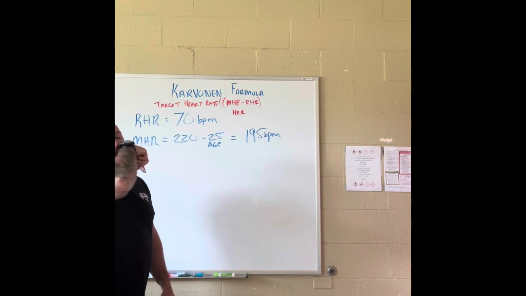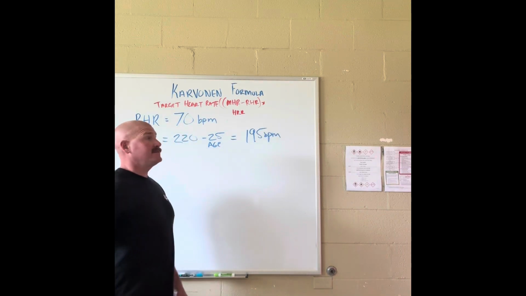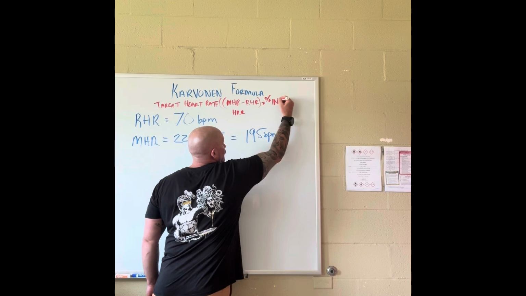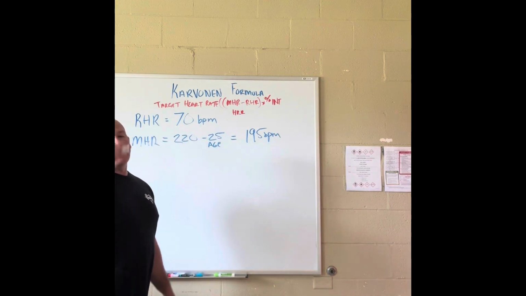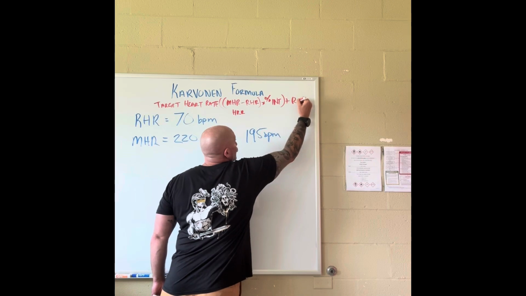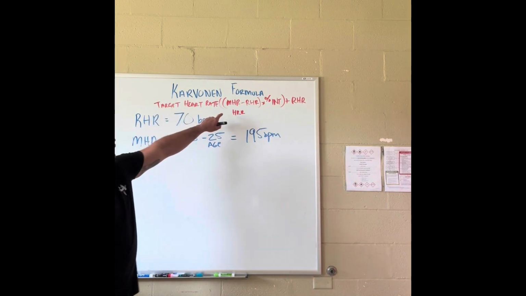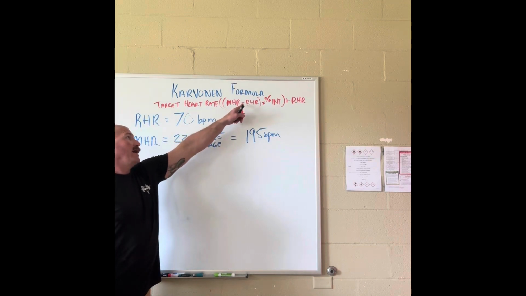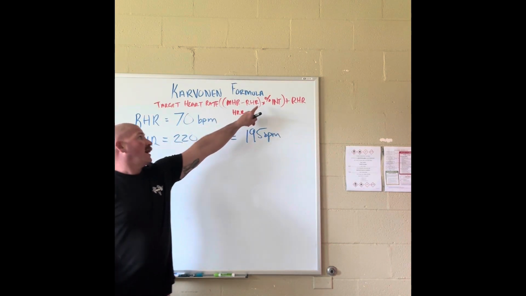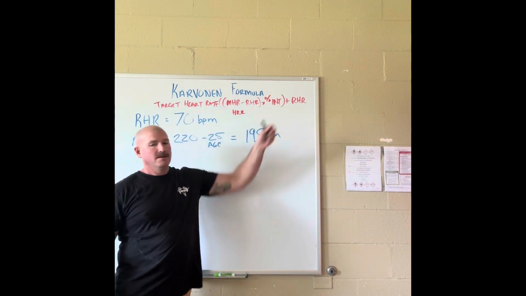Then you're going to multiply this times the intensity in which you're working out. And then you're going to add resting heart rate again. So target heart rate equals maximum heart rate minus resting heart rate, which is known as heart rate reserve, times the intensity plus the resting heart rate.